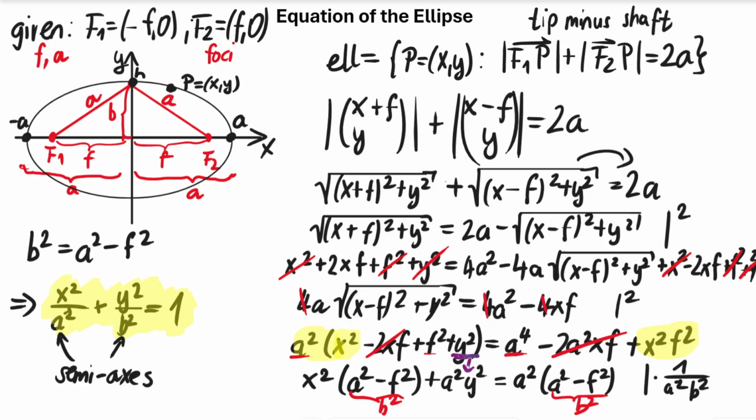And the b, or minus b here, are the intersections, the intercepts with the y-axis. So before I continue here, let's write it here once again. So a and b are the semi-axes.